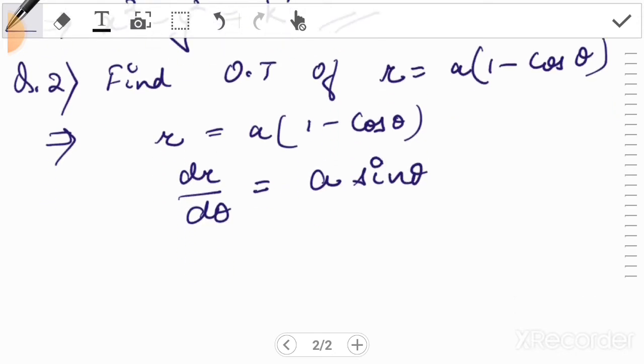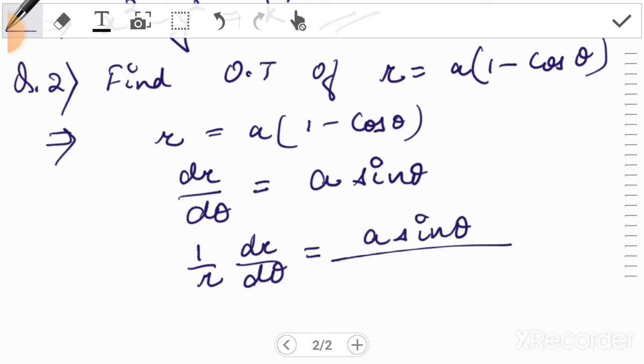Now 1 by r dr by d theta is equal to a sin theta by a times 1 minus cos theta.